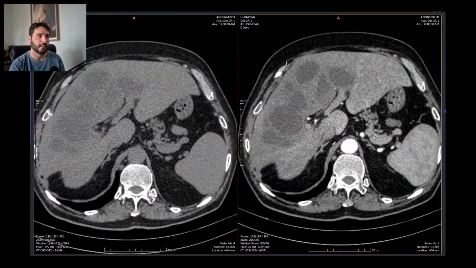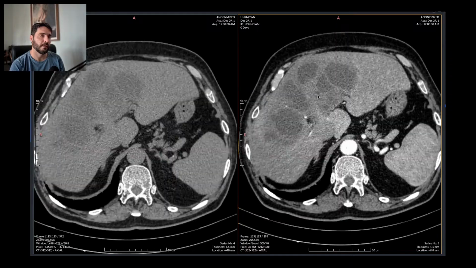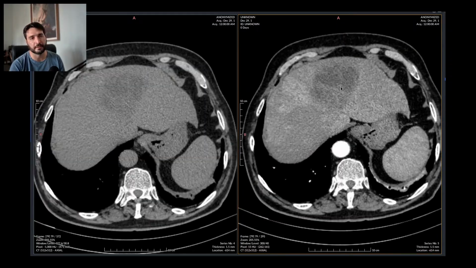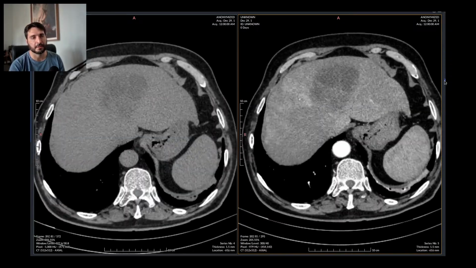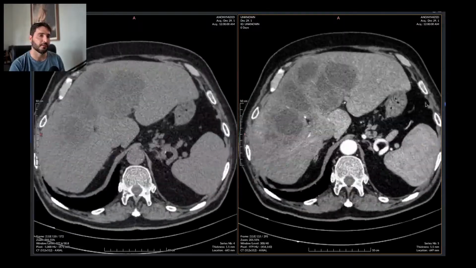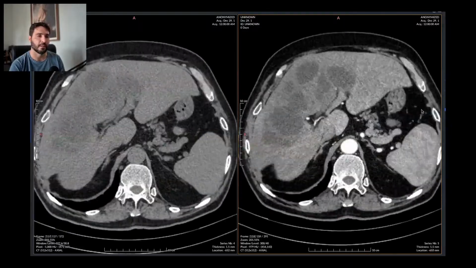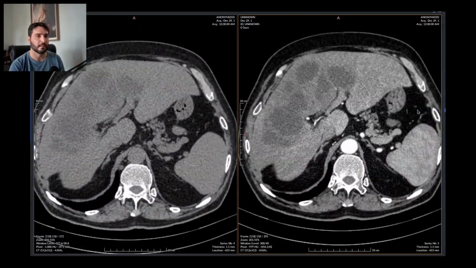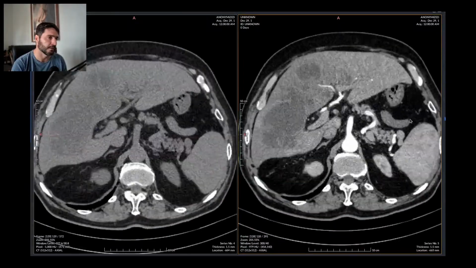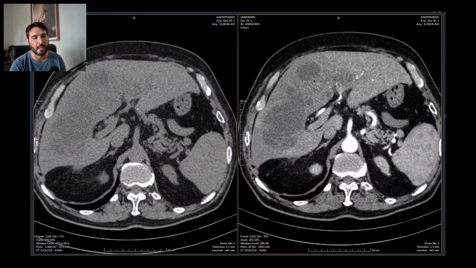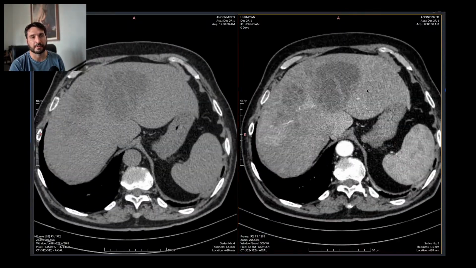Our lesions, ill-defined, hypoattenuating, confluent, coalescent lesions of this liver, aren't really enhanced at this phase. So this is not a hypervascular lesion.